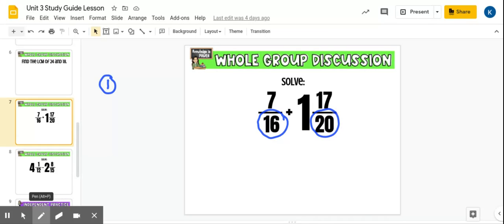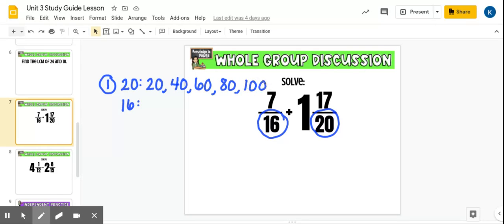And again, these numbers are a little bit bigger, so I'm going to have to use a little bit more addition. Now with 20, I can skip count 20s: 20, 40, 60, and if you don't know, you can just skip count by 2s, 2, 4, 6, 8, and then add your 0. Okay, so I went out 5.